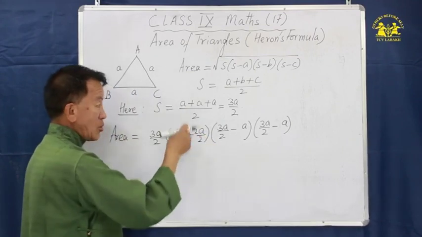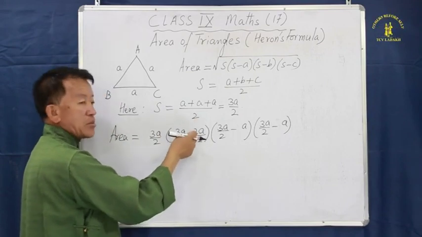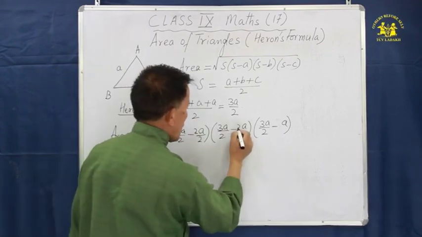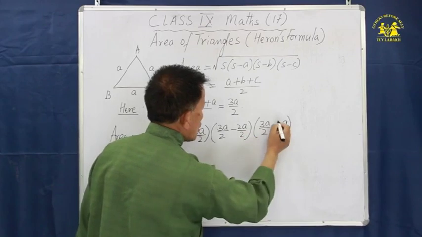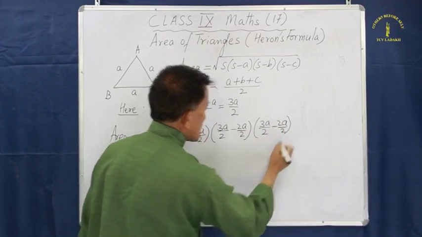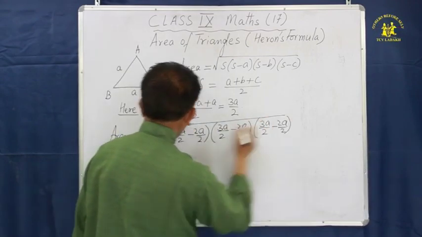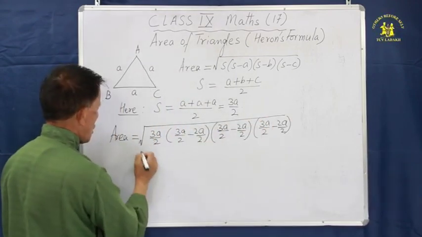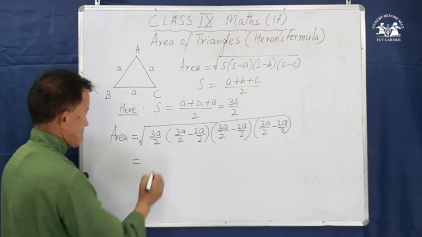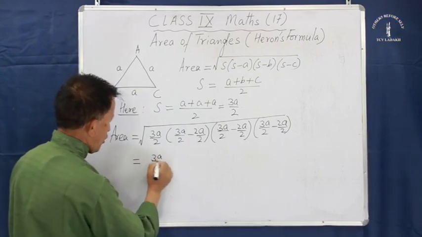Multiplying the denominator and numerator by 2, you will have 2A upon 2, which is the same as A, whole square root. So 3A upon 2.